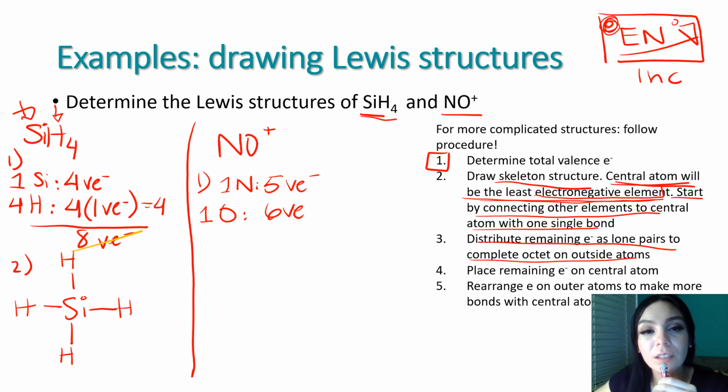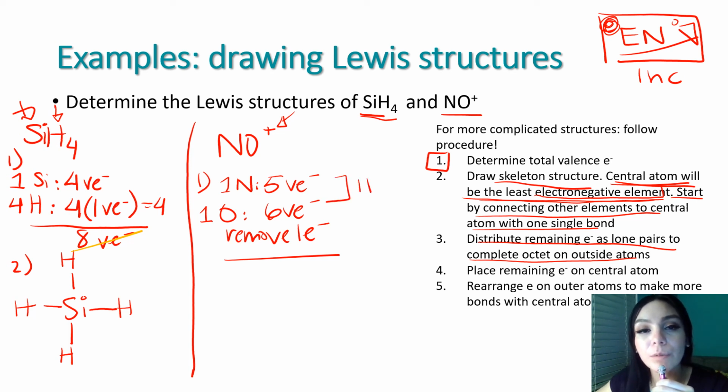Oxygen has 6 valence electrons. Now what does this plus mean? This means we're going to take away 1 electron. So remove 1 electron. So we have a total of 11 right here. And then we're going to remove 1 right here. So what we end up having is 10 valence electrons to work with.